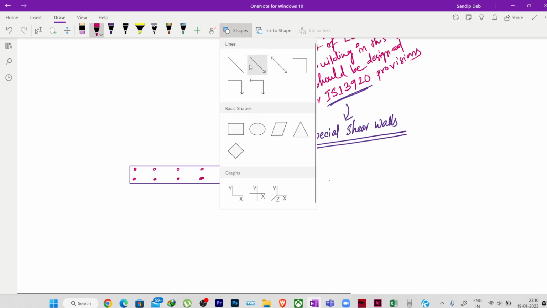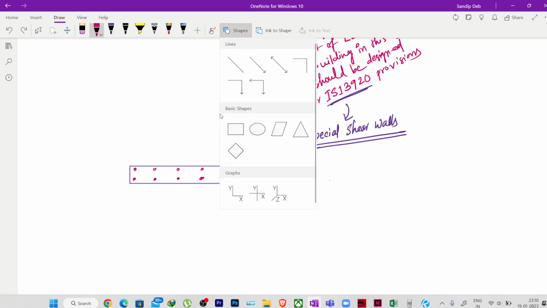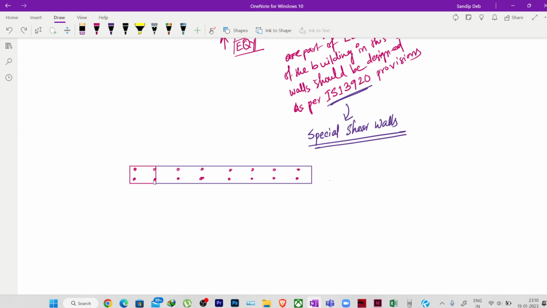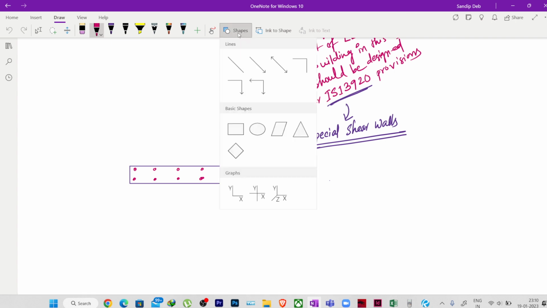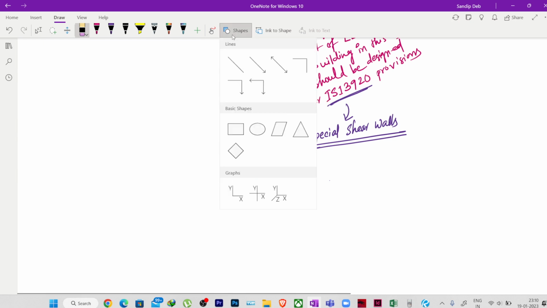And we can have the stirrup also. Similar way, I think I have drawn the wall very small. Let me draw the wall a bit bigger so that I can show you properly.